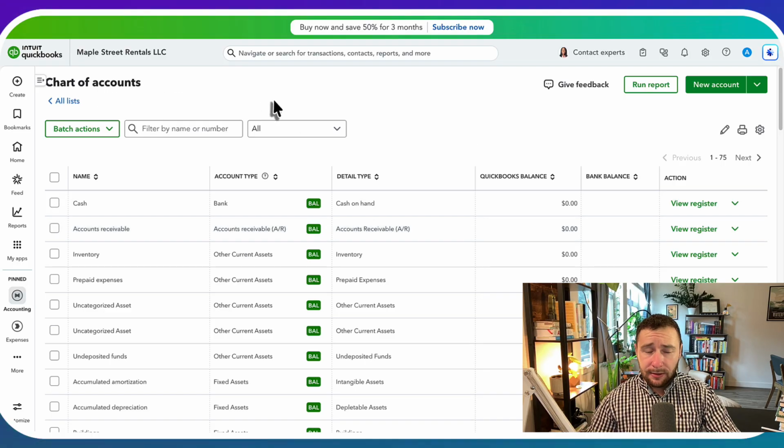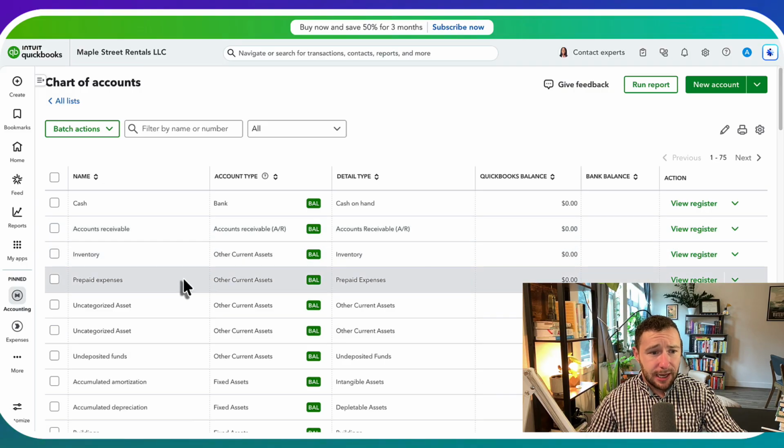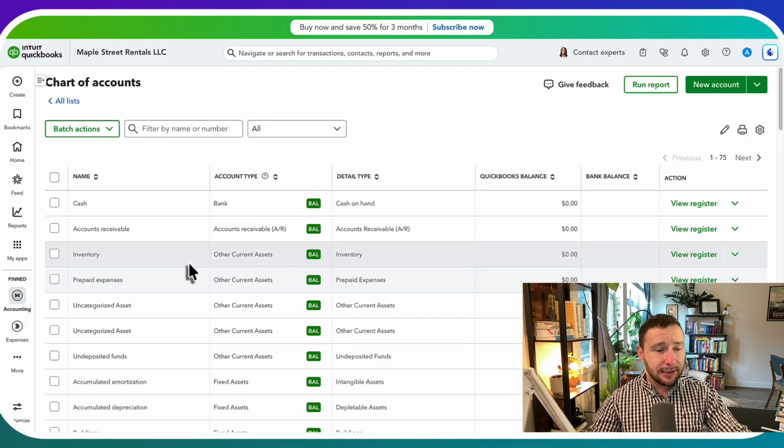So before I go in too deep, let me begin by saying the chart of accounts is kind of like the backbone of the accounting system. So each of these is like a bucket, and the bucket is saying, in my bucket, here's all these transactions that relate to a specific feature in the business's finances.